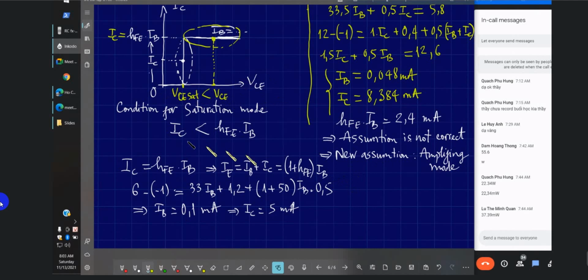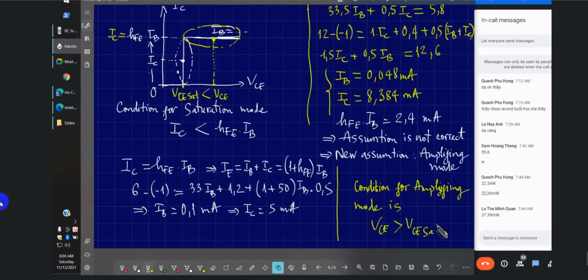So the condition for amplifying mode is VCE greater than VCE saturation.